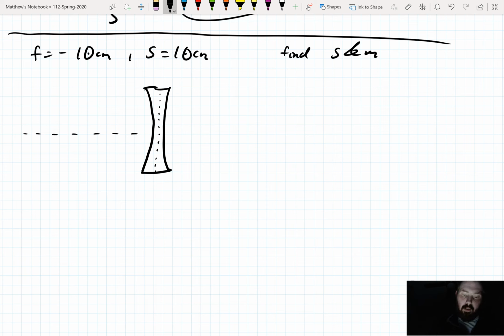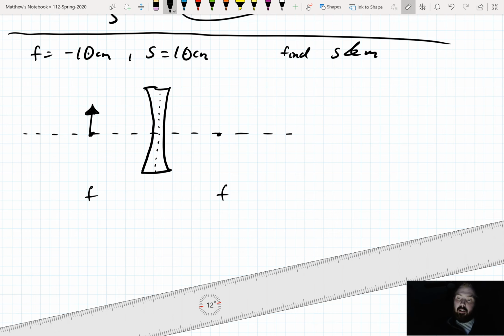There's my diverging lens, F, and there's my object.